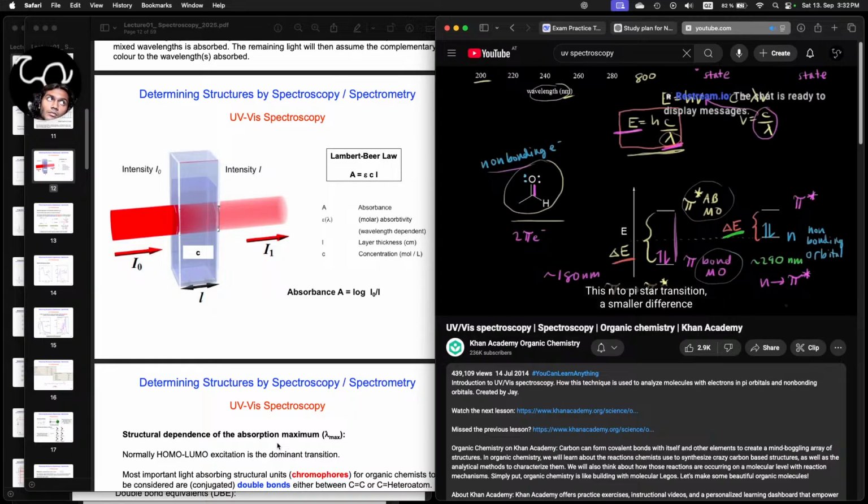And so this N to pi star transition, a smaller difference in energy, corresponds to a higher wavelength. This is an important concept. As you decrease the energy difference between your orbitals, you're going to increase the wavelength of light that's absorbed. And we'll talk much more about that in the next few videos, because that's where the idea of color comes in.